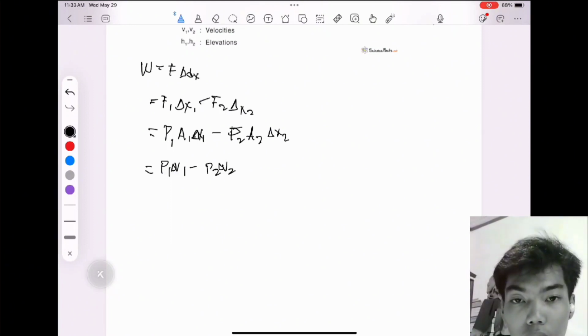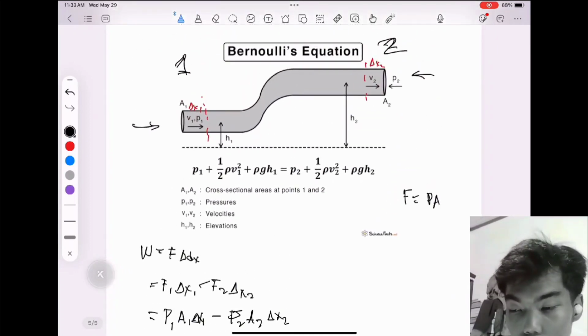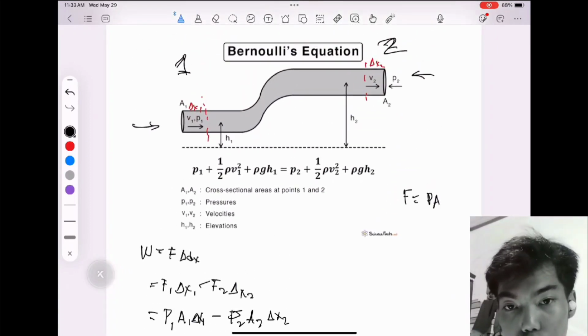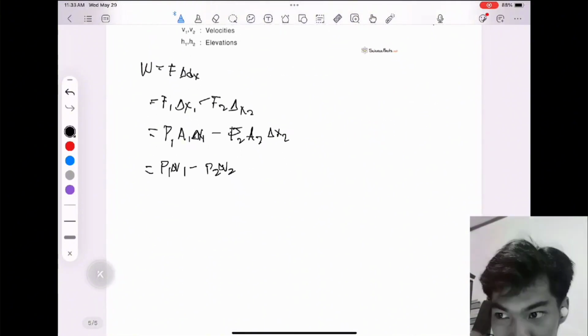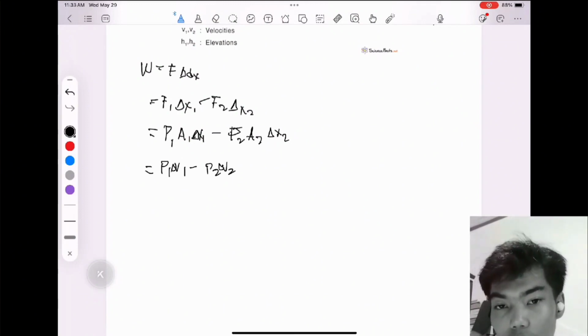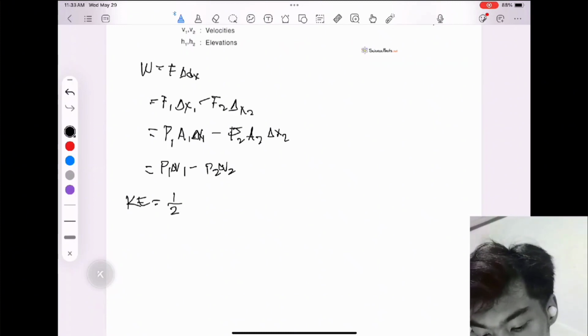Alalahanin natin na ang mass, pwede natin siyang makuha by multiplying rho, which is the density, times the volume ng ating pipe. Having this, pwede nating gawing 1/2 rho V, which is volume, times velocity squared.